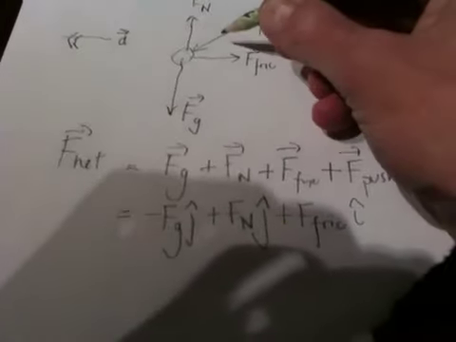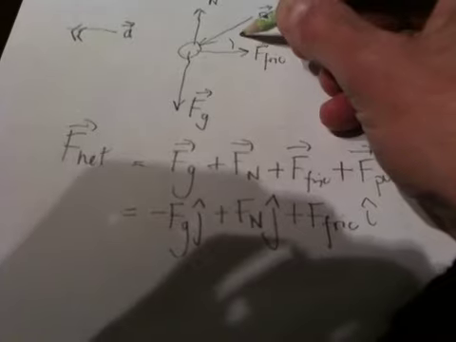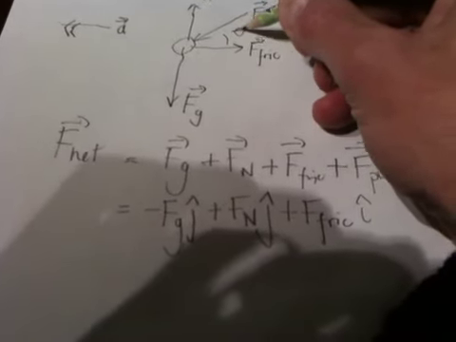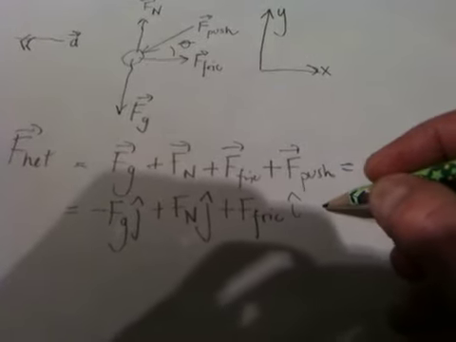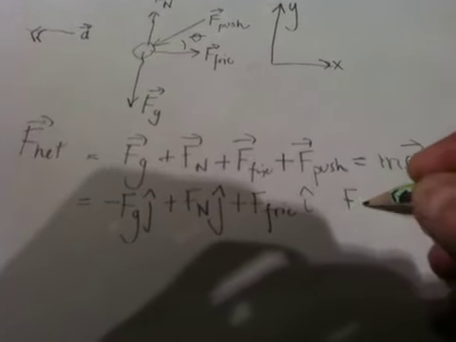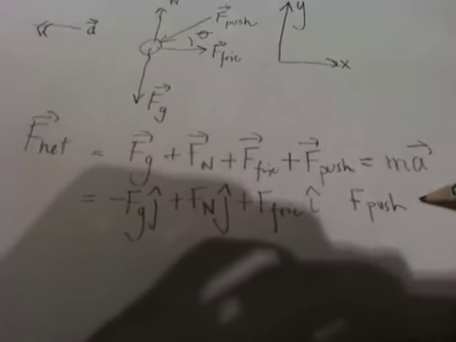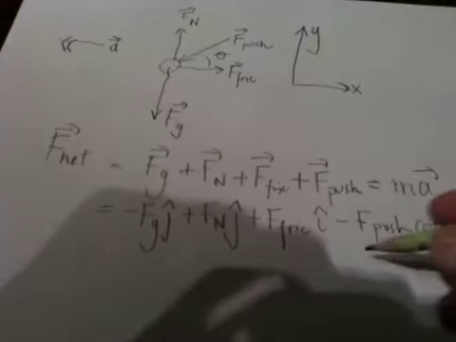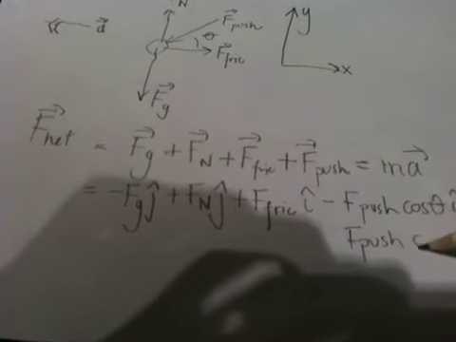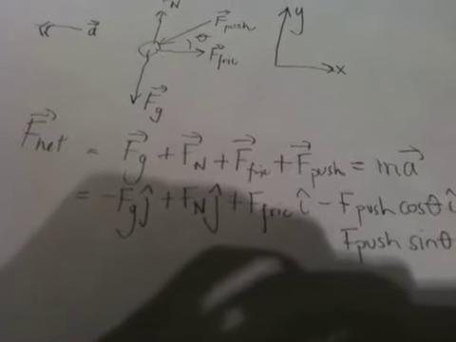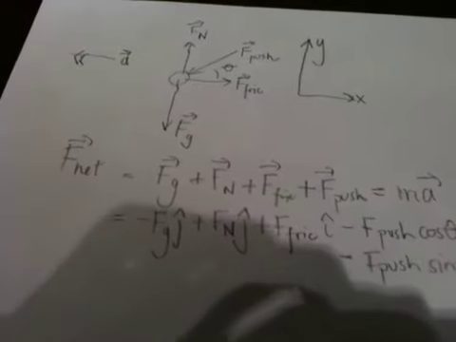So if we have this angle here as theta, and the push force is F push, cos theta in the minus i hat direction, and F push sine theta in the minus j hat direction.